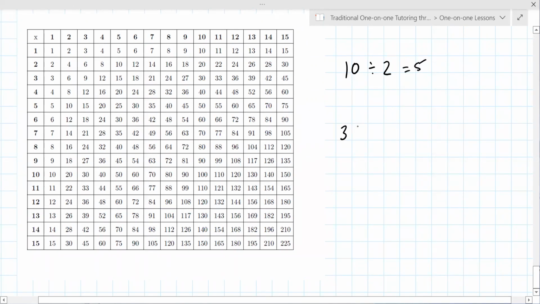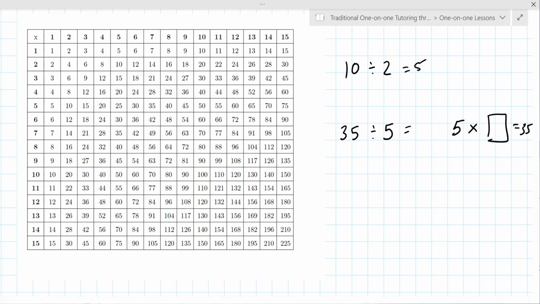Let's go 35 divided by 5. So this is 5 times some number equals 35. 7. So 35 divided by 5 is 7.